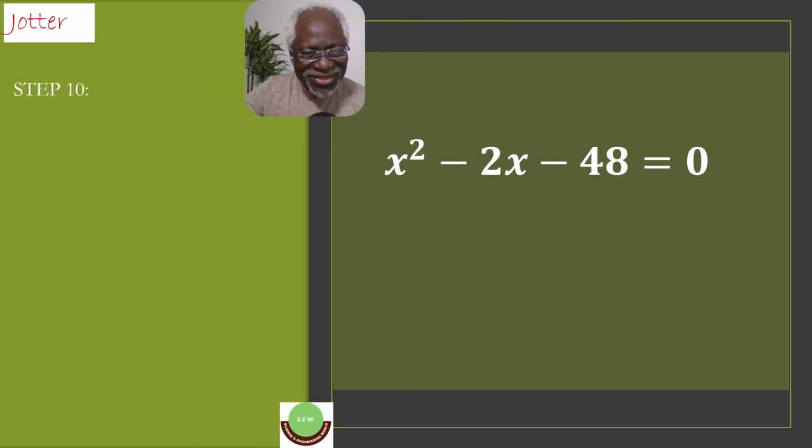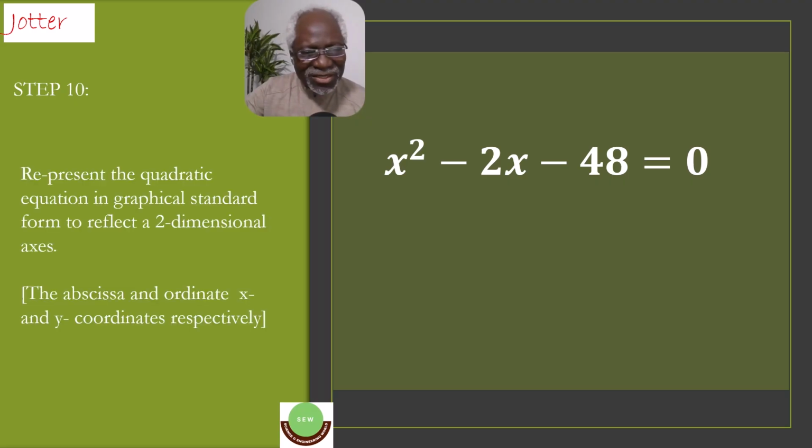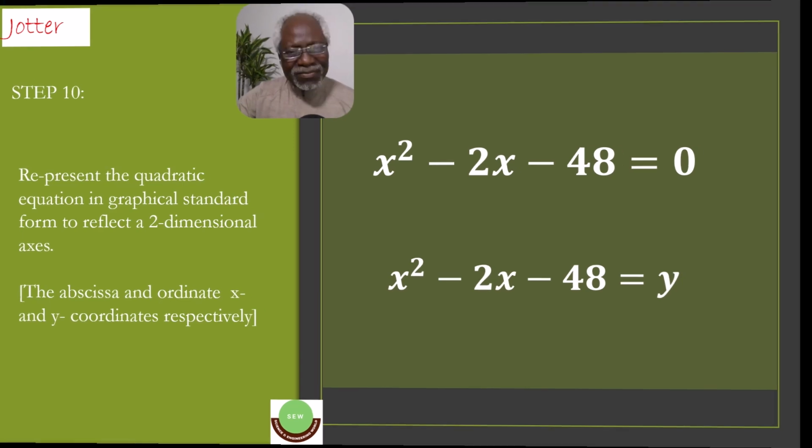So we need to get the profile of this equation. In that case, we need to have it represented in the form of a graph, and we go through the same process we have done above, and we are going to transform this equation to the standard graphical form, which is replacing 0 with y.